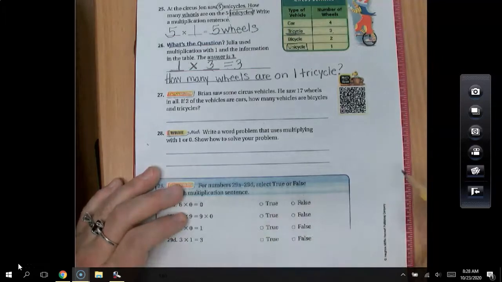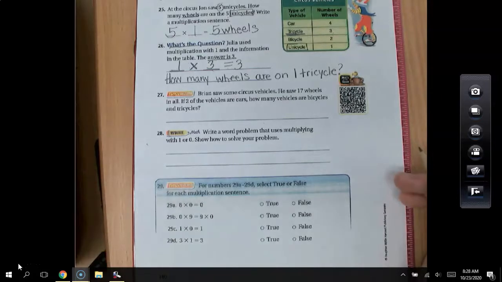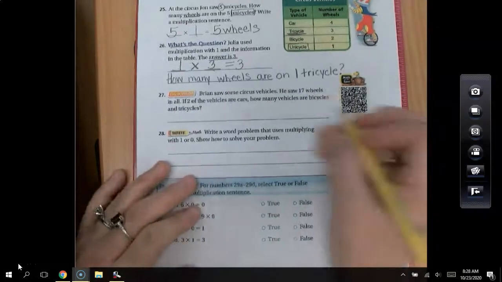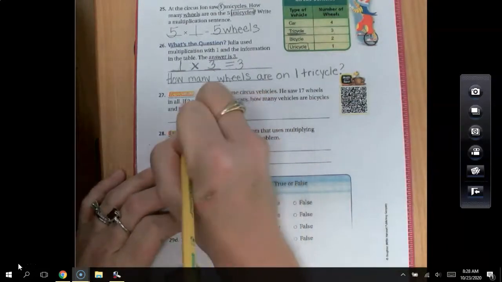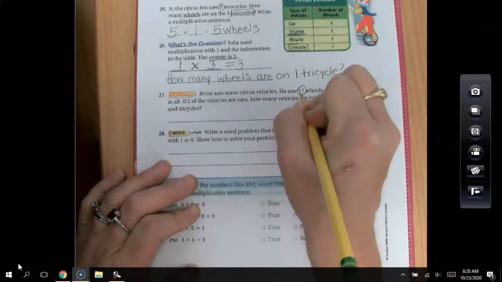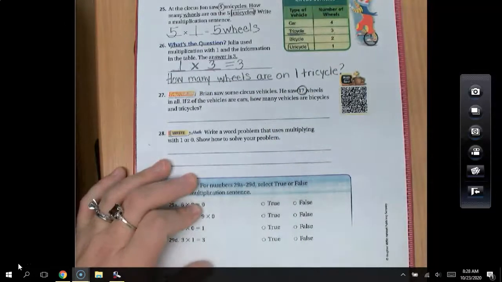He saw 17 wheels in all. If 2 of the vehicles are cars, how many vehicles are bicycles and tricycles? That's a lot of information to find out. So I know that he has a total of 17. So I have to reach 17, boys and girls.